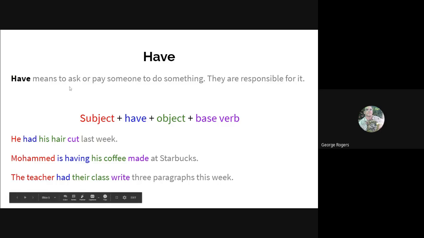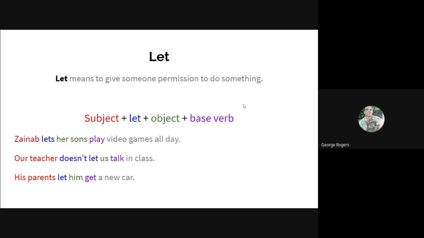So this one is you ask or pay somebody to do something, and you need something done. This is not force. They're either helping you or they're being paid. But another person will do the work, is responsible for it.